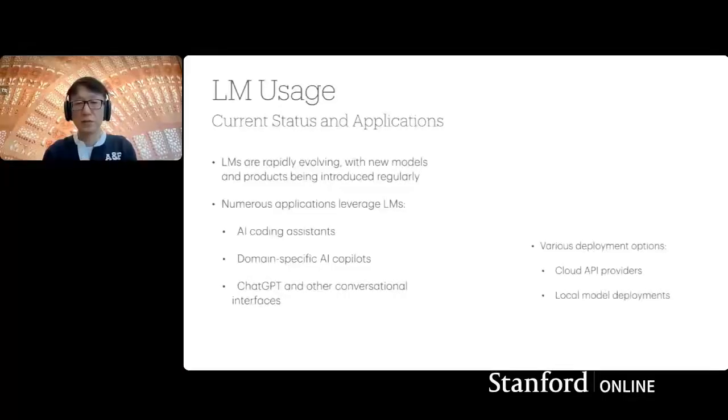Essentially, it has a lot of world knowledge that it can easily use to generate outputs. These models are rapidly developing, and they are used in various application domains that we use in day-to-day work, such as AI coding assistants or domain-specific AI copilots, or the most widely known ChatGPT and related conversational interfaces.